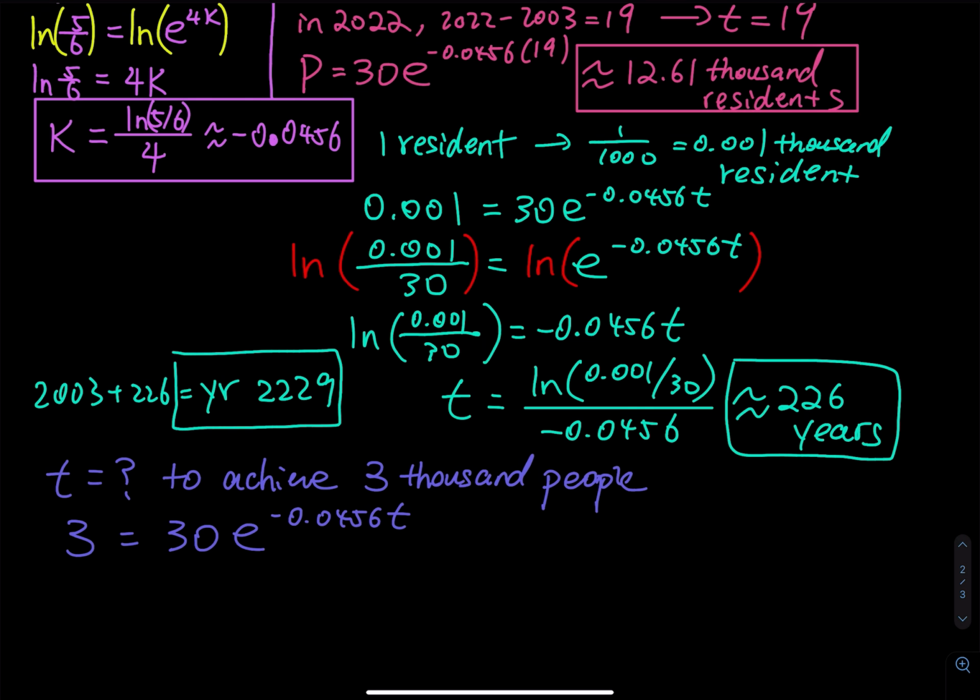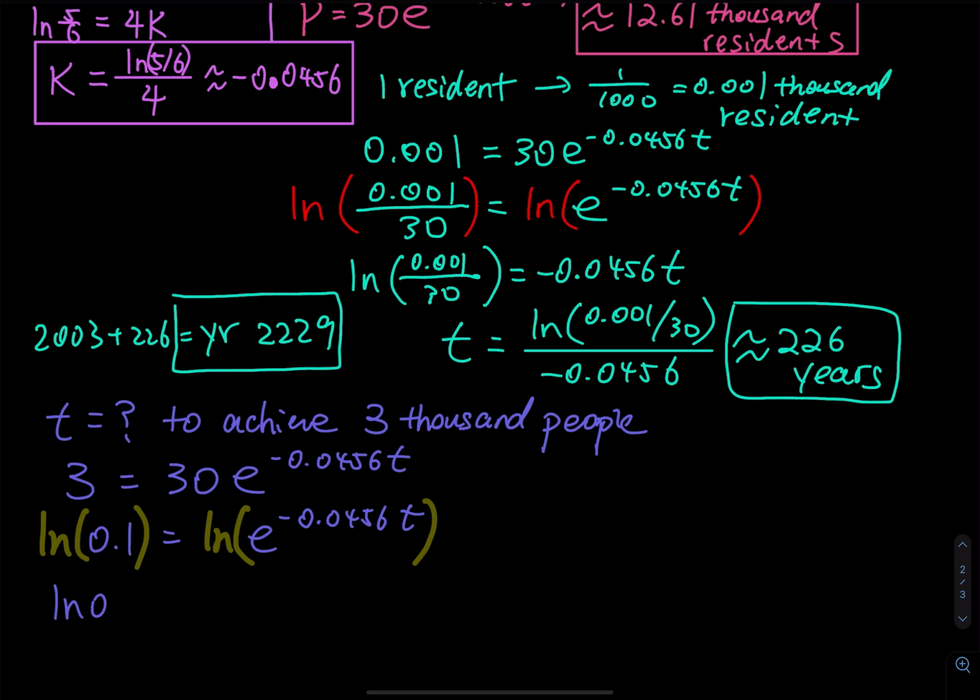So you divide both sides by 30, and 0.1 equals e to the negative 0.0456t. Then you ln both sides to carry the exponent down.